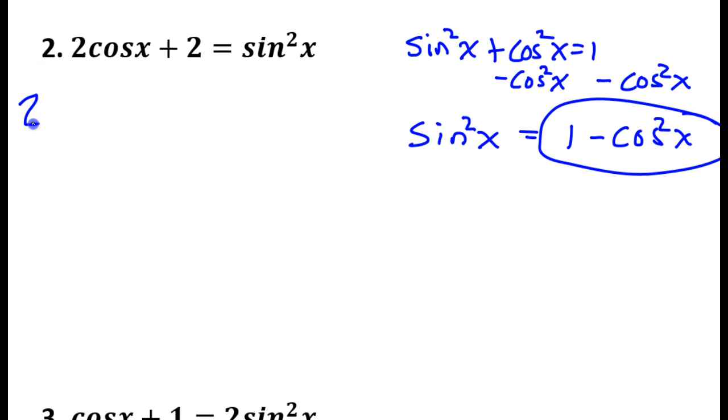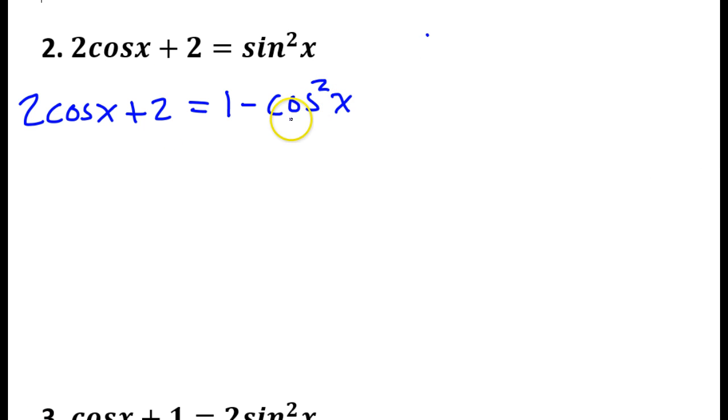So now I have 2 cosine x plus 2 is equal to, but instead of sine squared x, I'm going to put 1 minus cosine squared x. Great. Now I have all cosines. Let's get 0 on one side. So let's subtract 1 from both sides, and let's add cosine squared x to both sides.